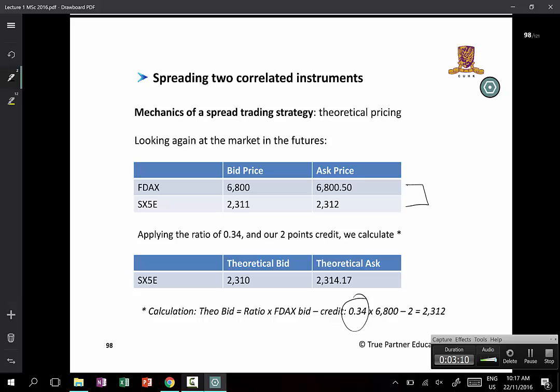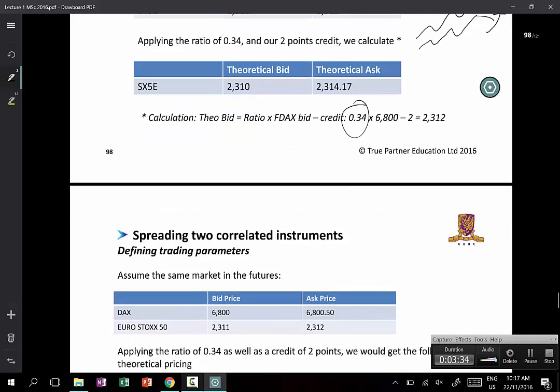Okay, so the two should be moving sort of hand in hand, and the moment they start to deviate from each other, then you try to do something about that by selling this one, or maybe buying that one, or doing a bit of both. And there is a methodology that you can do this.